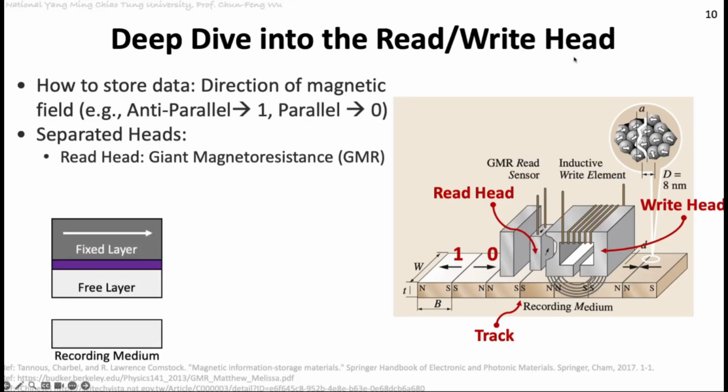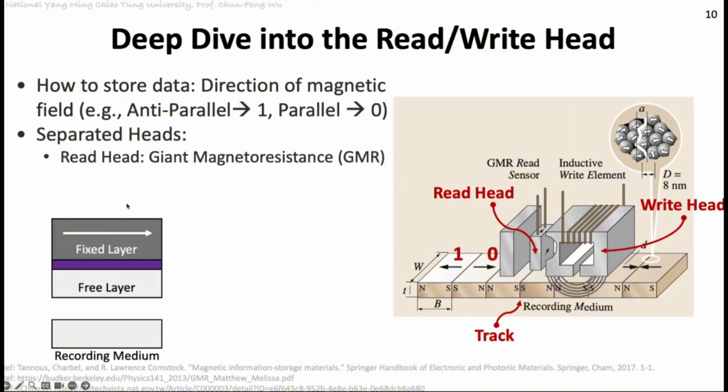So when we look at the read head, the read head is using the technique called giant magnetoresistance. Because this is a terminology, in Chinese it would be like 巨磁阻效应. And you can imagine one GMR means one free layer plus one fixed layer.